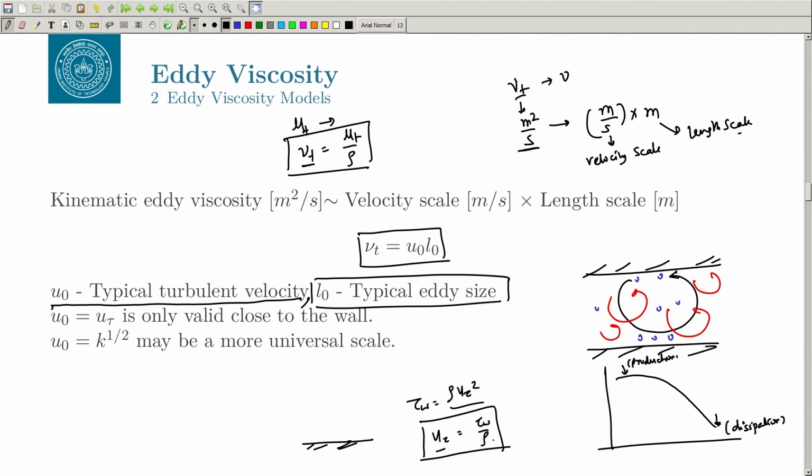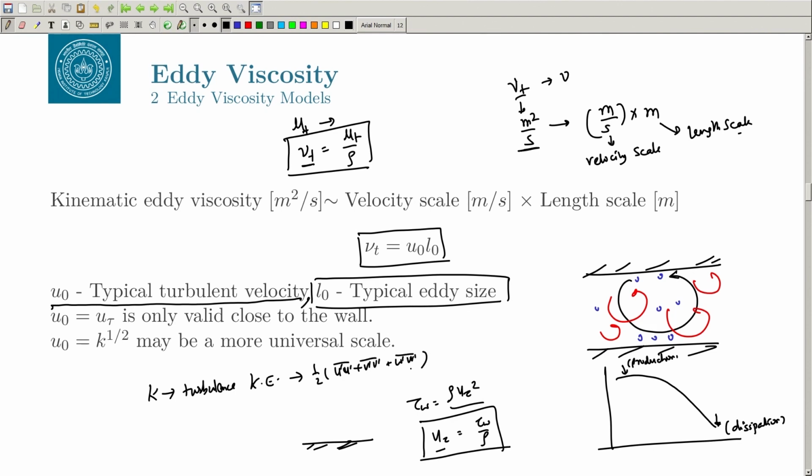So, what is the best velocity scale you can think of? Again go to the dimensional argument. Let us say that somehow you know the turbulence kinetic energy k, which we have been writing as half of u prime square plus v prime square plus w prime square.